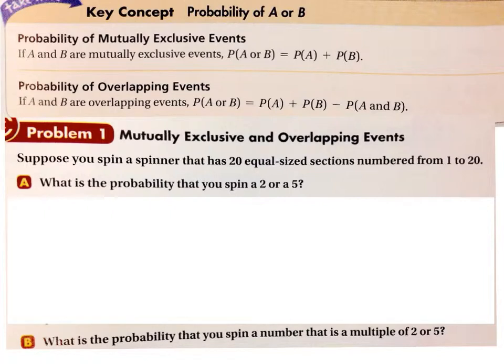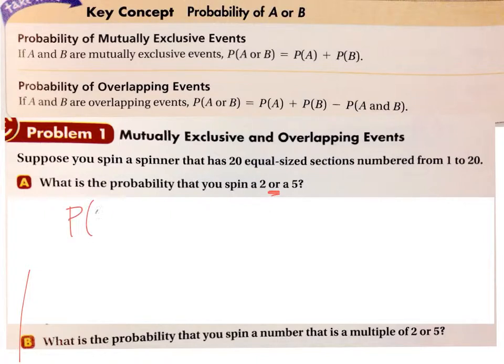So A says, what's the probability that you spin a 2 or a 5? And we all know that you couldn't be a 2 and a 5, so that's going to be mutually exclusive. I'm spinning a spinner with equal size portions numbered 1 through 20, so that's a fair probability. When we have mutually exclusive events and it's an or probability, we're going to add the two probabilities.